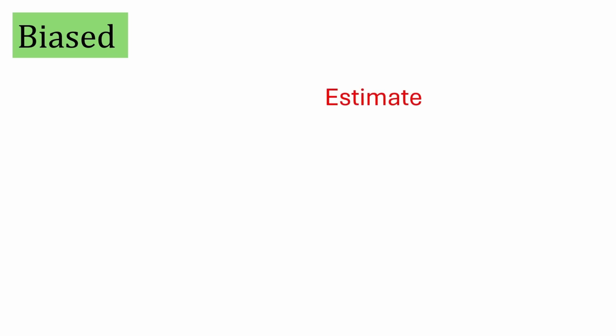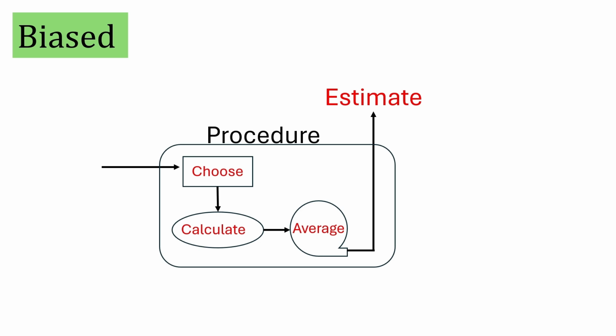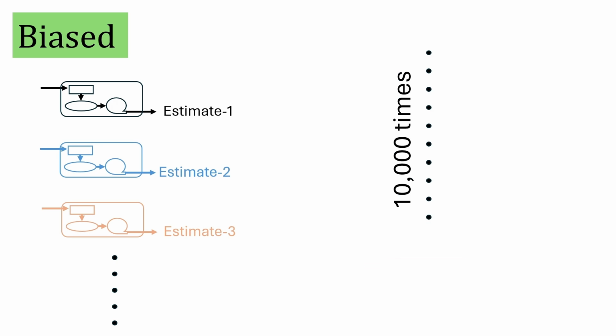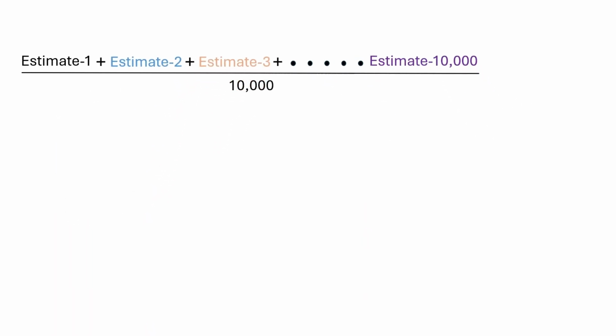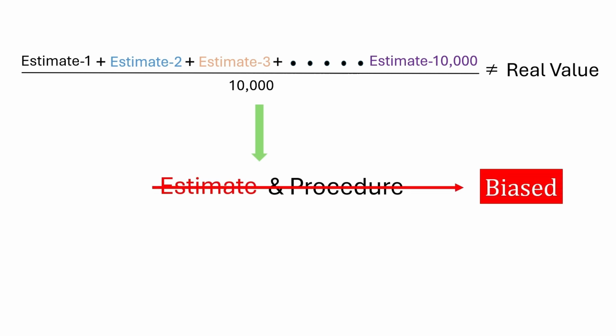If you find an estimate by following a procedure, and you repeat this procedure many times, let's say 10,000 times, to find 10,000 different estimates, and you average all these estimates and find that the average of these estimates is not equal to the real value we are estimating, then the estimate and the procedure are called biased.